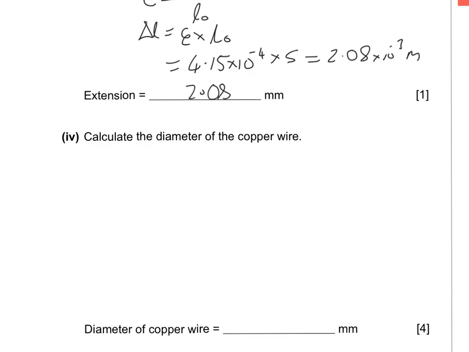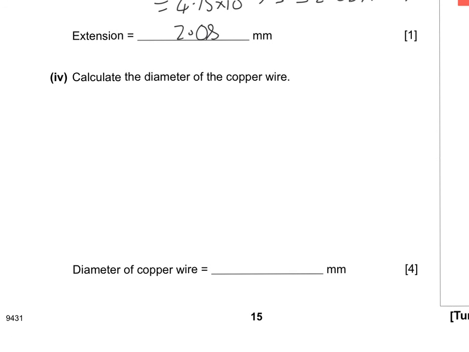Now they're asking us to calculate the diameter of the copper wire. Because the seat remained horizontal, both wires must extend by the same amount. So we know the extension of the copper wire must also have been 2.08 millimeters. So we plug that into our equation. Young's modulus is stress over strain, where sigma is force over area and epsilon is delta L over L naught.